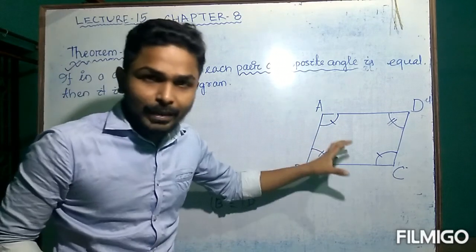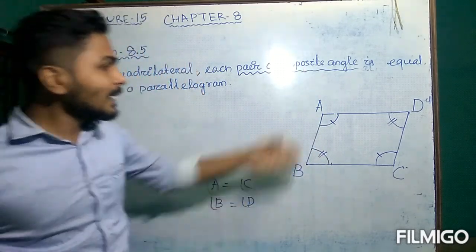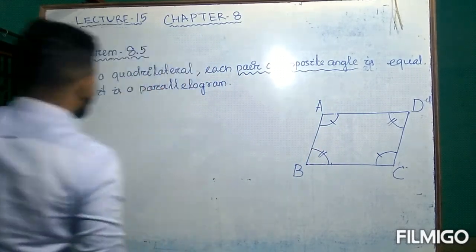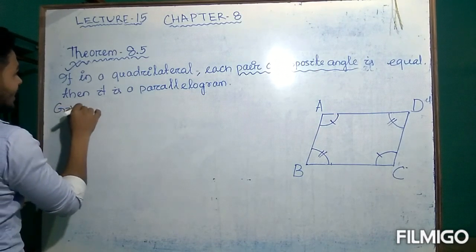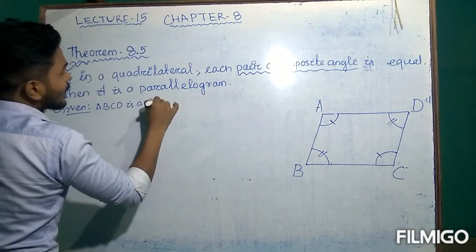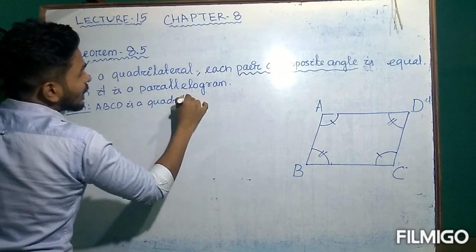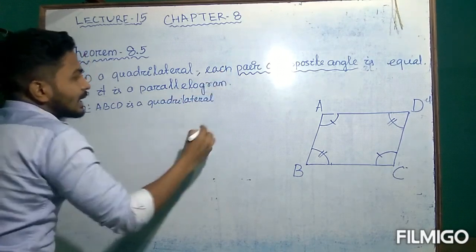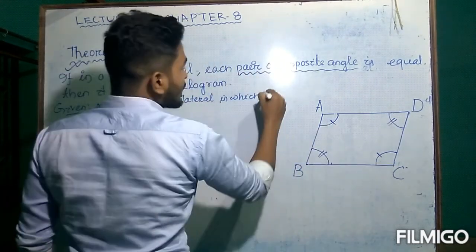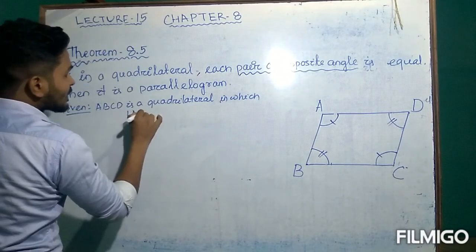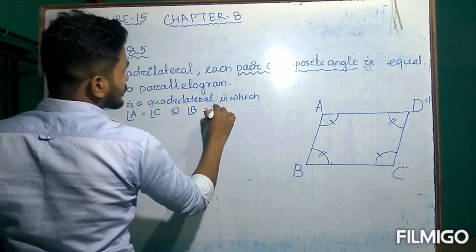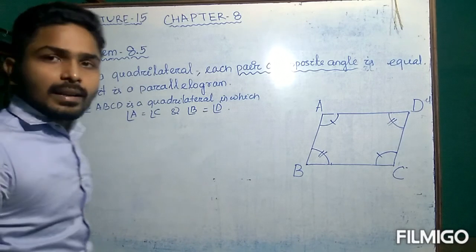Now from this information, we have to prove that ABCD is a parallelogram. Let us first write what is given here. It is given that ABCD is a quadrilateral, not a parallelogram, in which angle A is equal to angle C and angle B is equal to angle D. The pairs of opposite angles are equal.